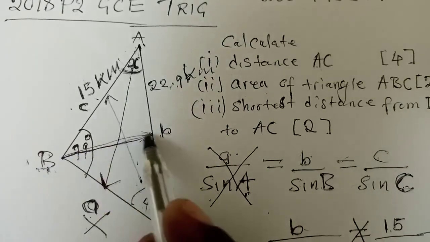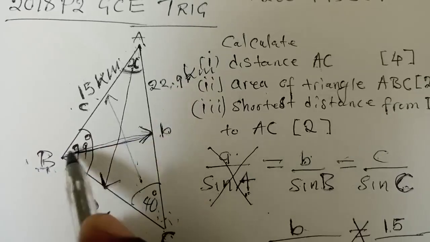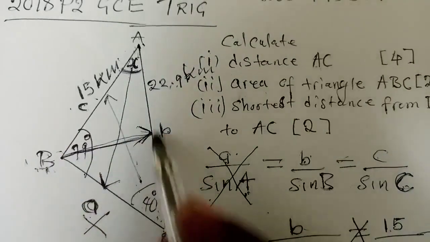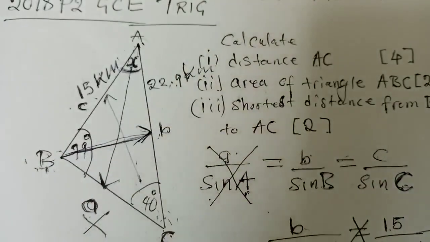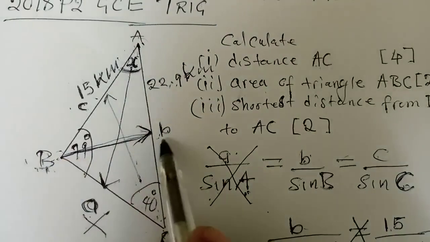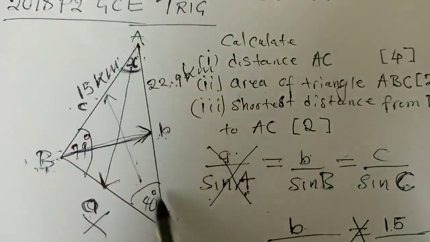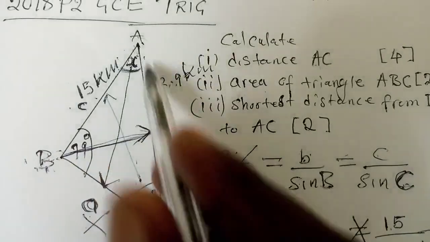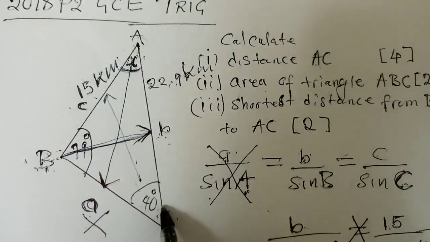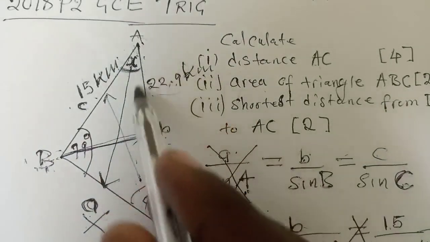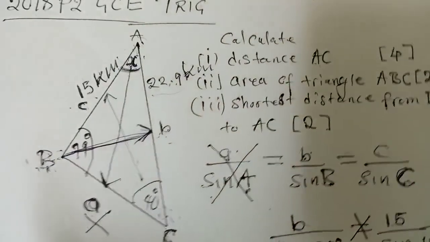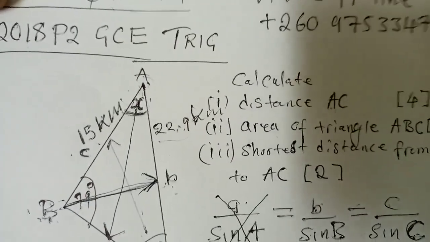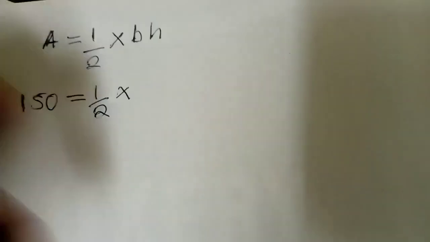Where this b is pointing, the AC, that is what they are asking you. And this b is the distance that we had found for the longest distance. It is 22.9, that is the distance that we are going to use here.